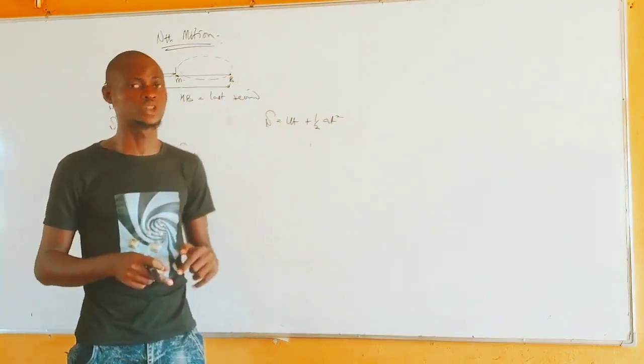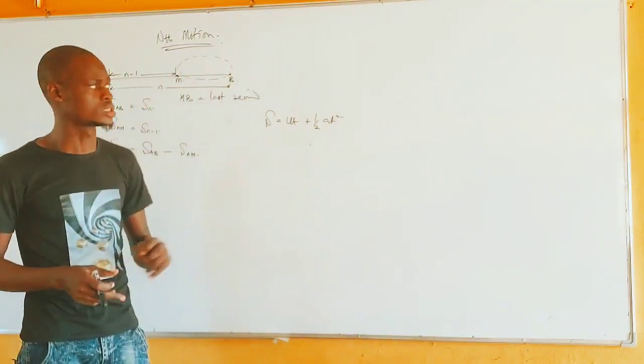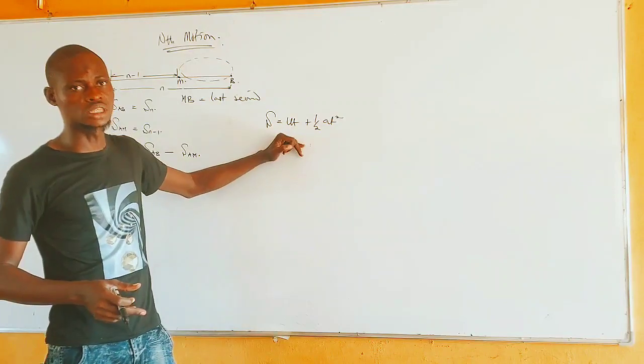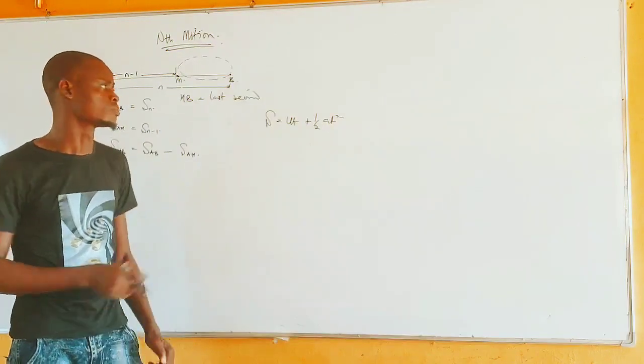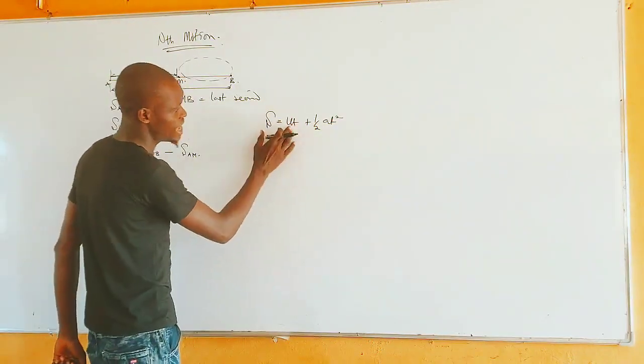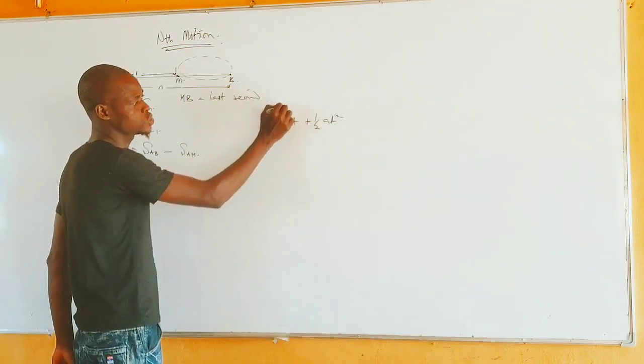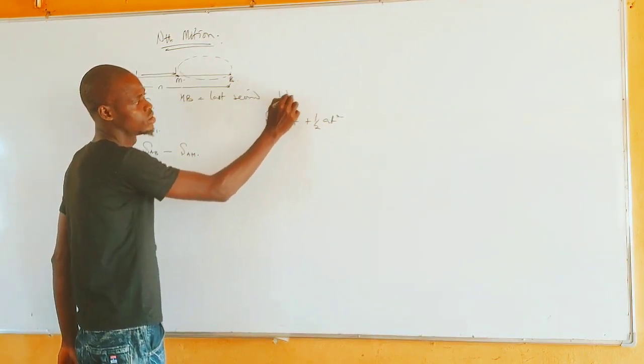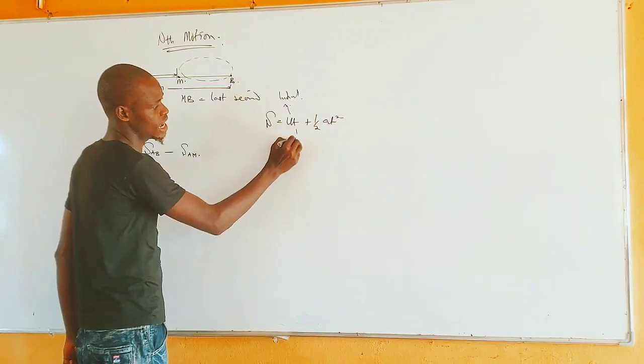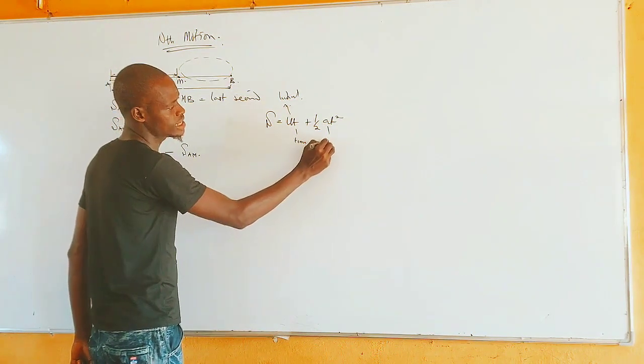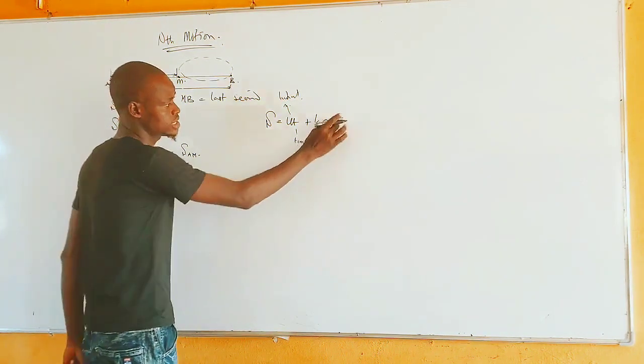I'll be dropping a link in the description box. Here, x is equal to ut, where u indicates the initial velocity, t is the time taken, and a is the acceleration.